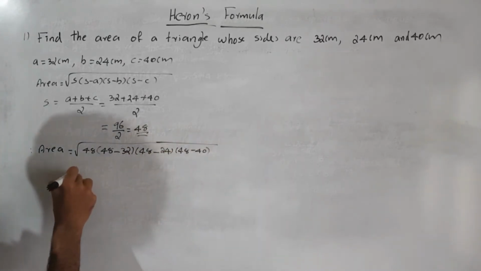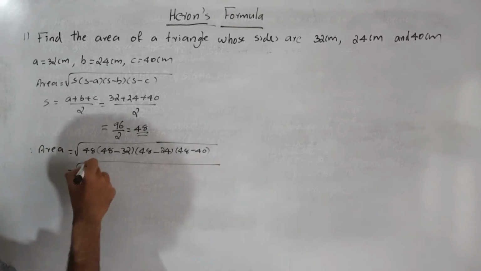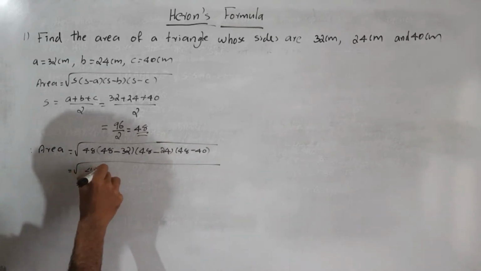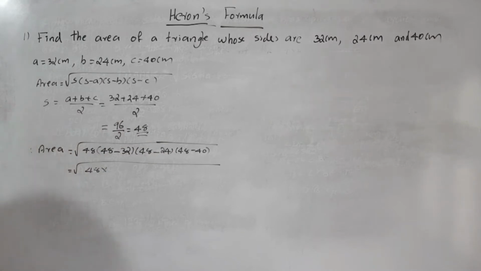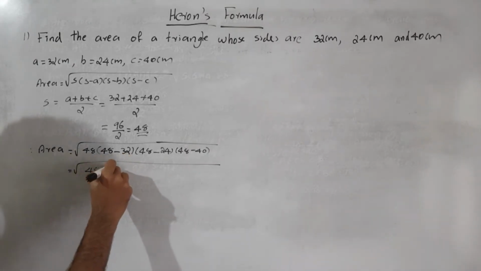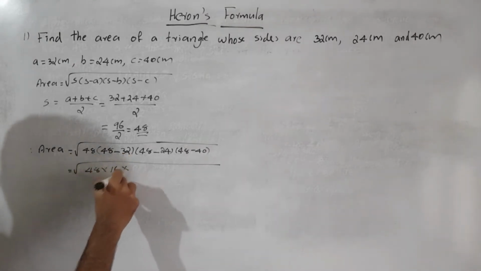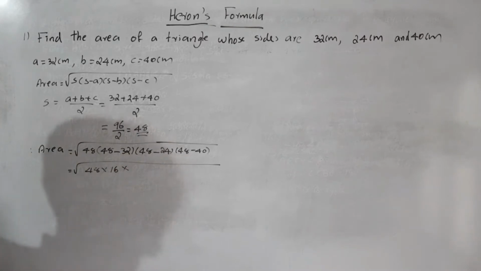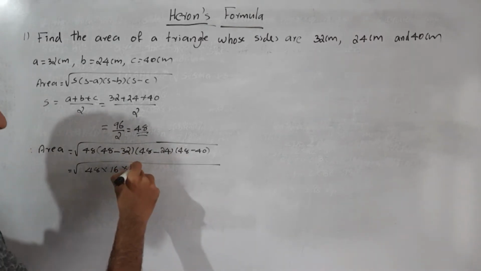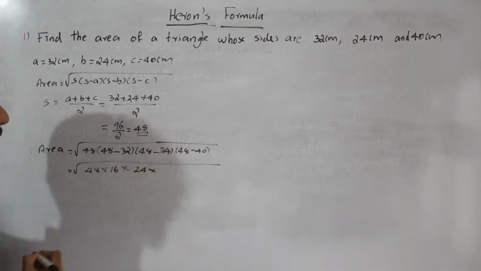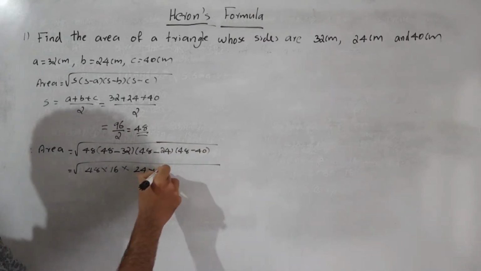This is equal to root of 48 into 48 minus 32. What is 48 minus 32? Yes, 16. Then 48 minus 24 is 24, into 48 minus 40, which is 8.